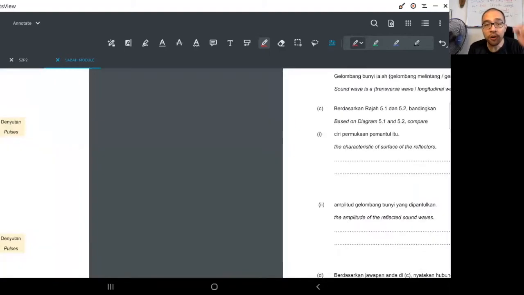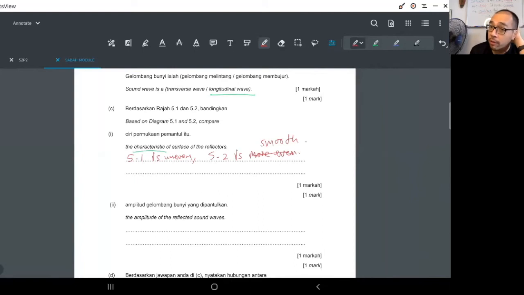Compare the characteristics. So you have to talk about what is the difference between a brick wall and a concrete wall. Concrete wall is usually more smooth, like the wall here, very smooth. Brick wall, you have all this grooves, so it makes it not smooth. So you can say that 5.1 is uneven or not smooth, 5.2 is more even or more smooth.